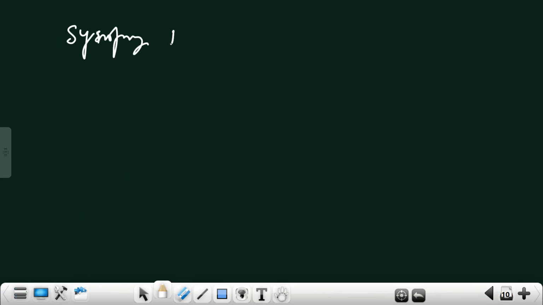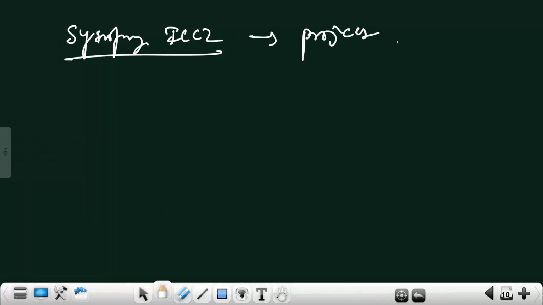With Synopsys ICC2, you will be performing projects on 28 nanometer and 14 nanometer. We also currently have 5 nanometer, but setup is going on, so it will take some time.